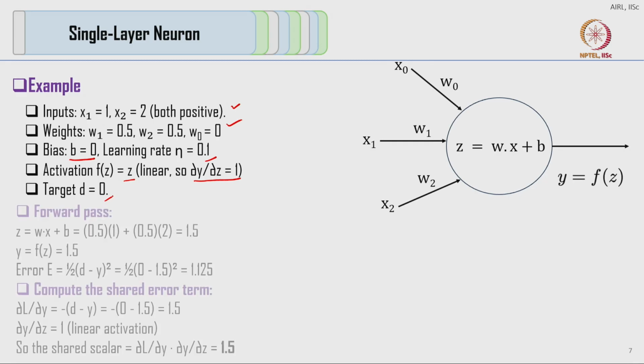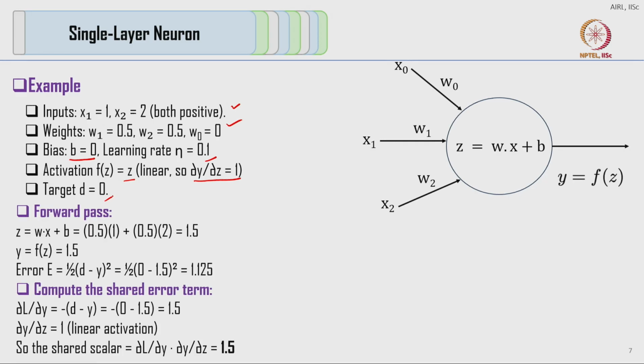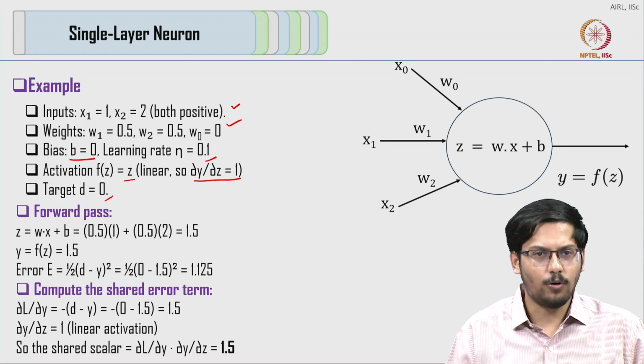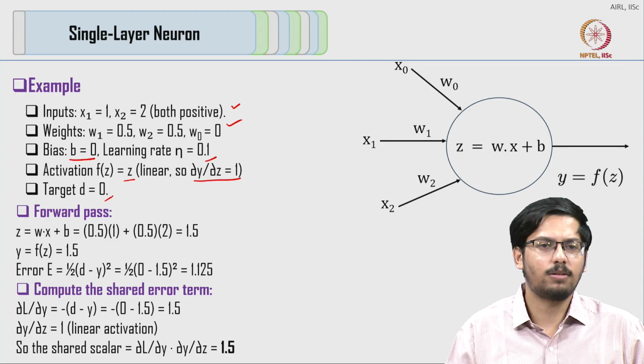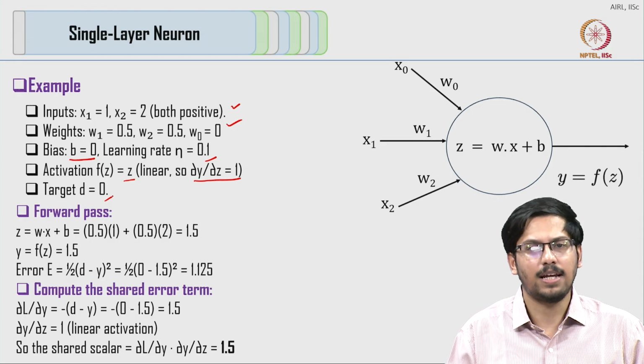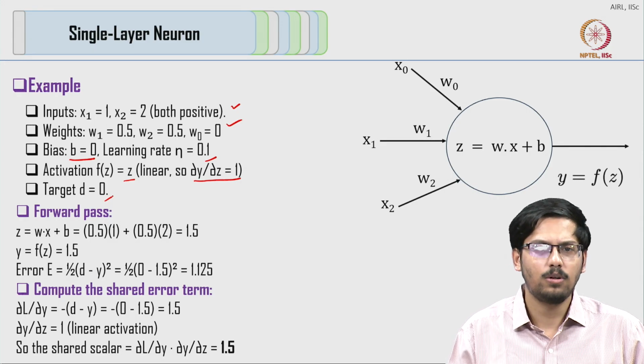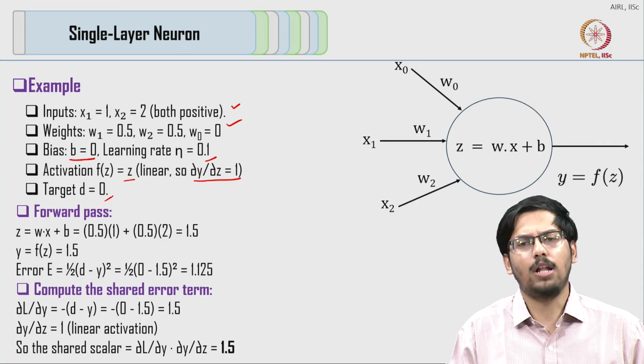Okay. Now again, as we performed even in the earlier examples, we'll first compute the forward pass. Once we compute the forward pass, we'll calculate the error and we'll calculate delta W. And once we calculate delta W, we will update the weight.